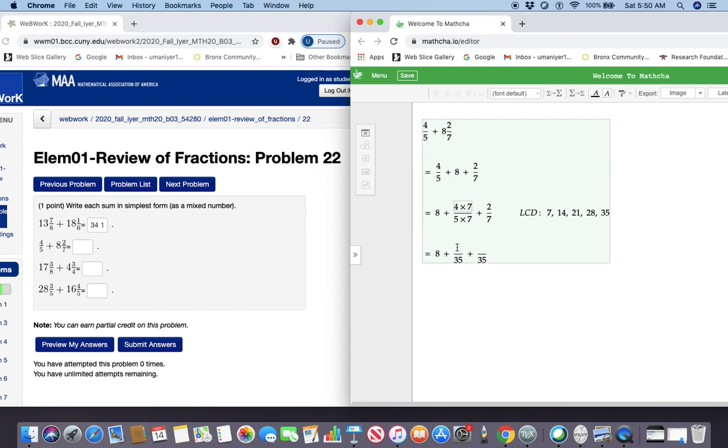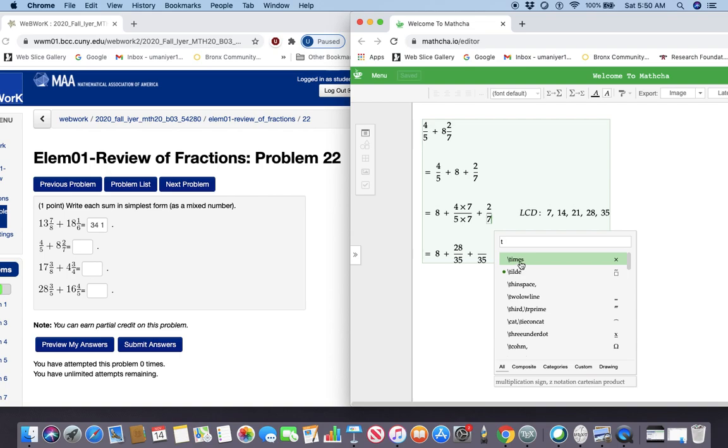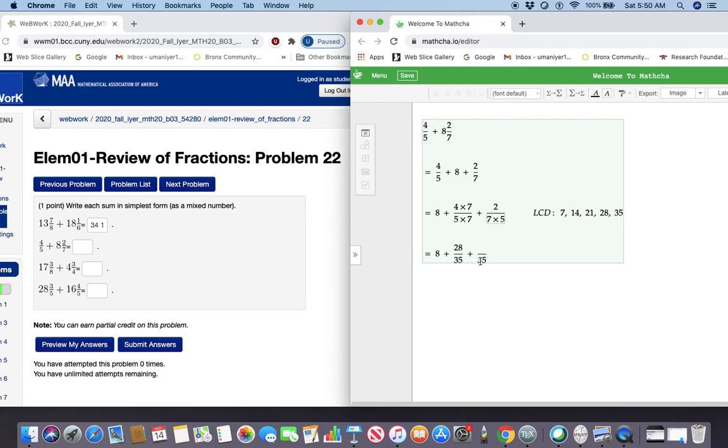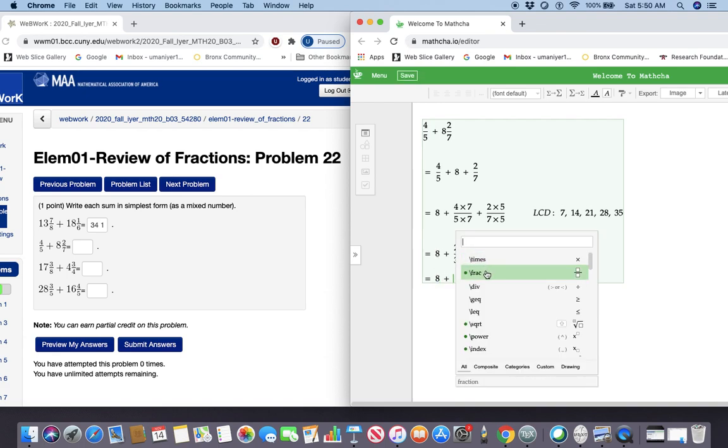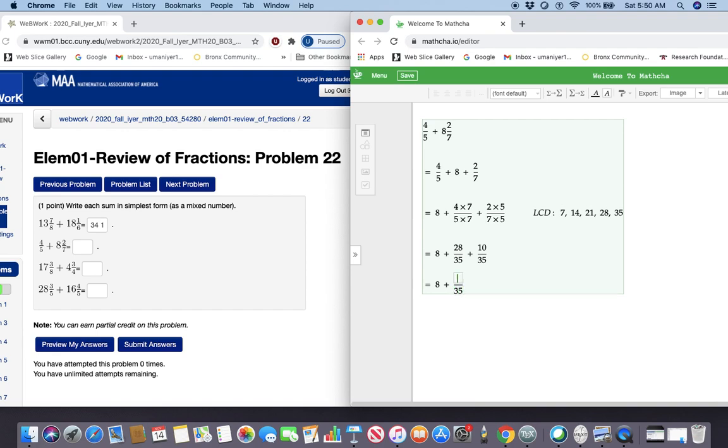So 4 times 7 is 28 here. 7 times 5 gives me 35. Whatever I multiply downstairs, I must multiply upstairs. So that's a 10. That gets me the whole part 8 as it is plus the fractional part with 35 in the denominator. 28 plus 10 is 38.